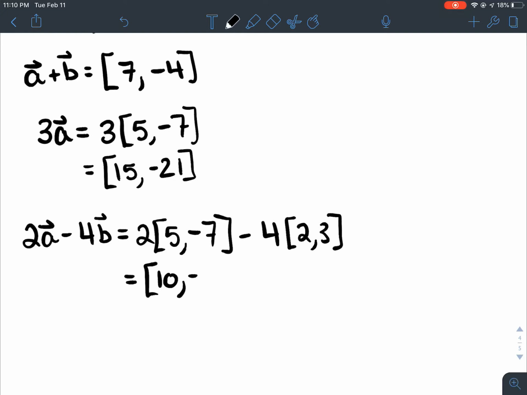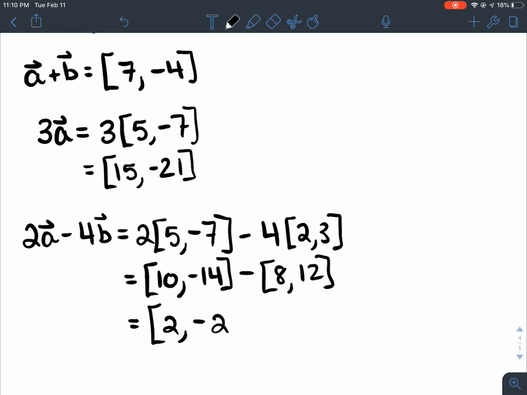So you have 10, negative 14. And then the next part we have to do is 8, 12. And then we just subtract our x's. So 10 minus 8 would be 2. And negative 14 minus 12 would be negative 26. So that's how you subtract vectors and multiply them by scalars.